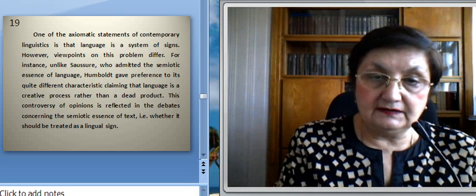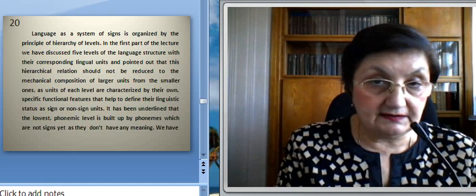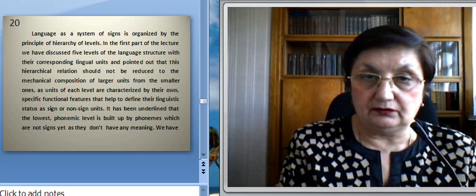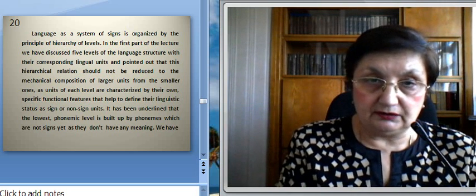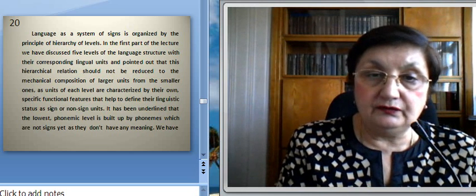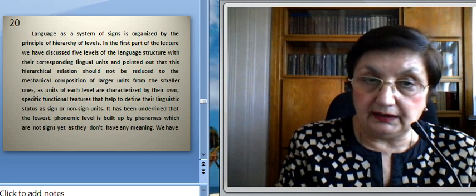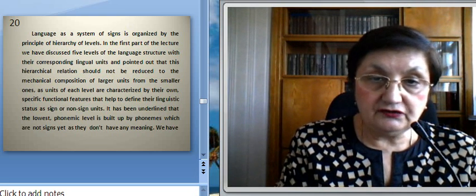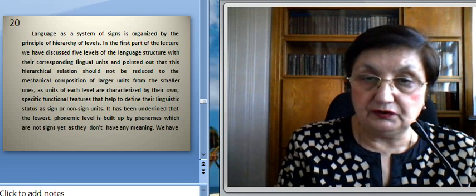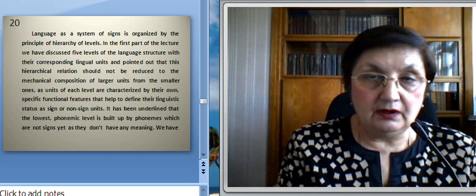In the first part of the lecture, we have discussed 5 levels of the language structure with their corresponding lingual units and pointed out that this hierarchical relation should not be reduced to the mechanical composition of larger units from the smaller ones, as units of each level are characterized by their own specific functional features that help to define their linguistic status as sign or non-sign units.